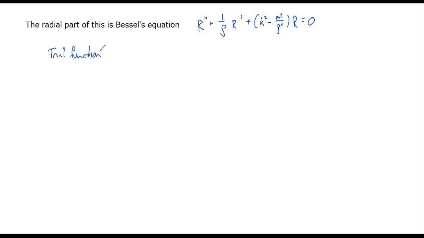The reason I'm skeptical that the trial function is something super simple is that we wouldn't have things called Bessel functions if they were just sines or cosines or something like that. So there's a sociological sense that maybe there's something awful. So let's just do the most general thing that we can do and say that there's a power series solution.